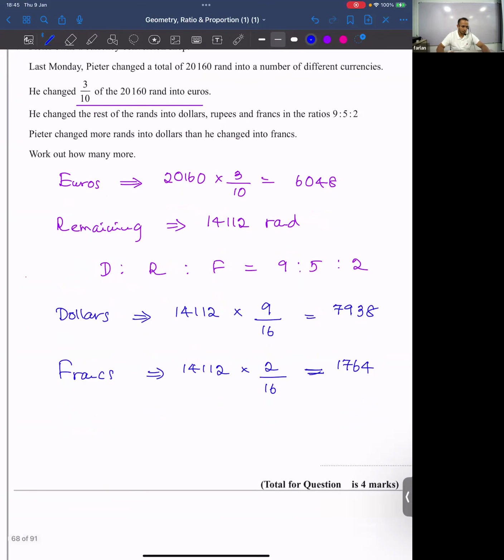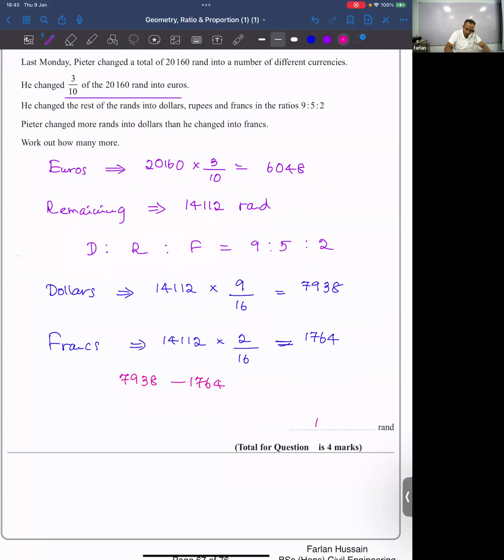So the question is, Peter changed more rands into dollars than francs. How many more is the question? So the difference is 7,938 minus 1,764, which is 6,174 rand. That is the final answer. Correct? Understood.